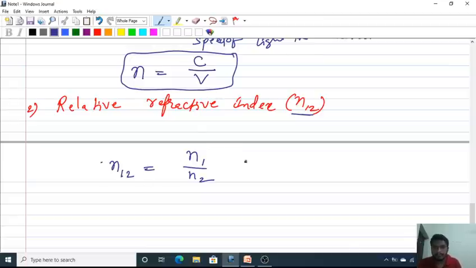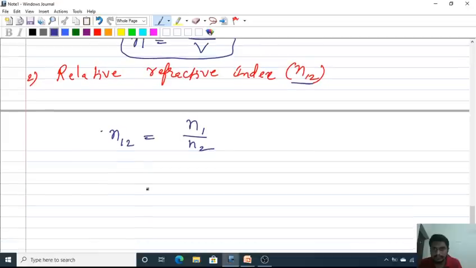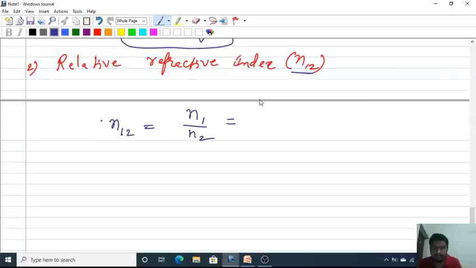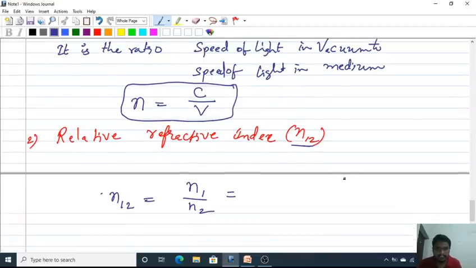Now n1 by n2 is equal to n1 over n2. What is n1? From the absolute refractive index, n1 equals c by v1, where c is constant and v1 is the speed of light in medium 1, whose refractive index is n1. So we write c by v1, whole divided by n2, which is c by v2.